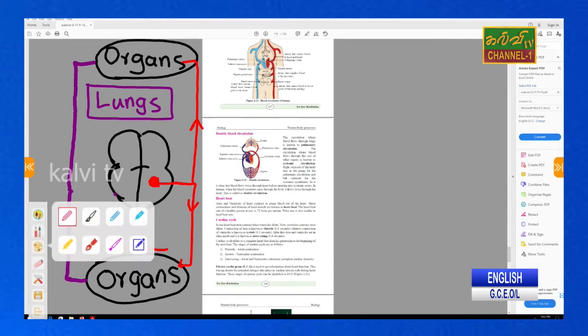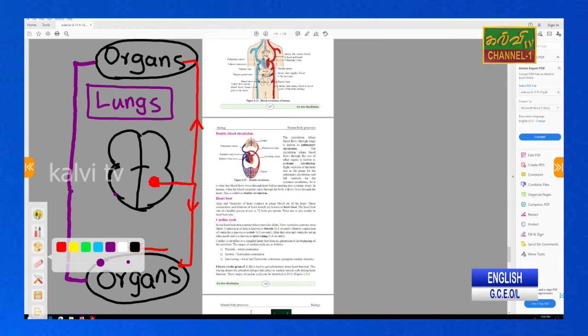It should open to the right atrium. Now it is here. Then this carries carbon dioxide, CO2 concentrated, deoxygenated, and this side is oxygenated. Oxygenated means oxygen concentrated, O2.